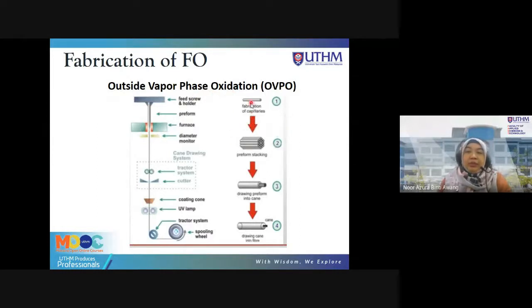Firstly, we need to fabricate the capillary, and then from the huge capillary, we perform stacking, then drawing into a cane, and we get the thinning of the core inside the cladding. So we need to pull the fiber to get the thinning of the core.